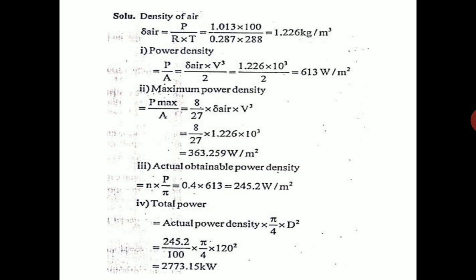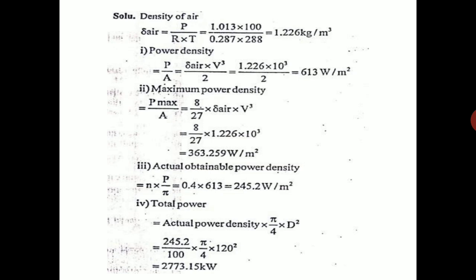Now power density. Power density means P by A, power per meter square. We know that P is equal to half into rho into A V cube. That relationship we know. So I bring the A to the left side.